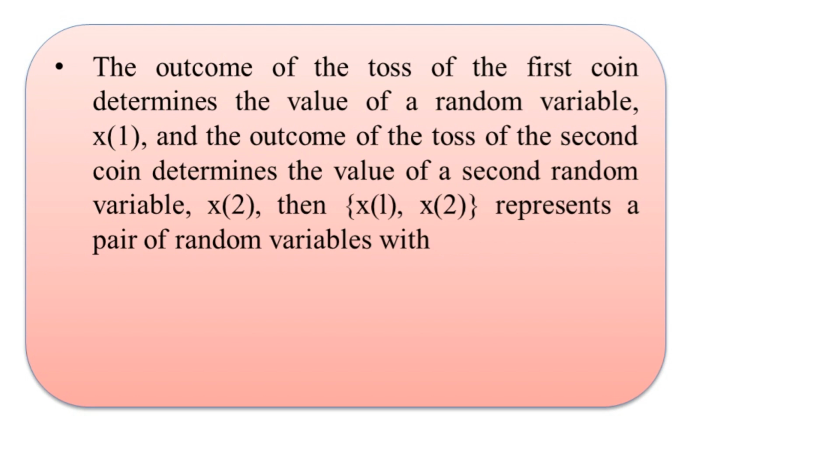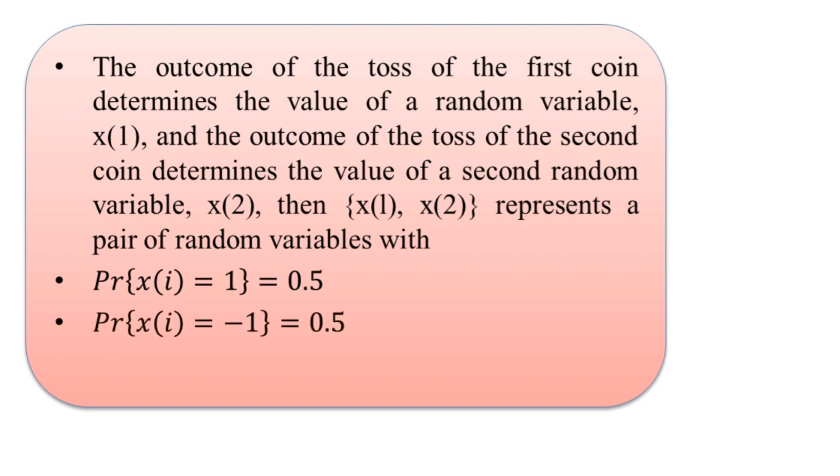Now when we talk about the probabilities, we earlier denoted 0.5 for head and 0.5 for tails. So the probability of x equal to 1 that we used to denote for only one coin, here we have to represent as probability of x(i) equal to 1, and this is equal to 0.5.